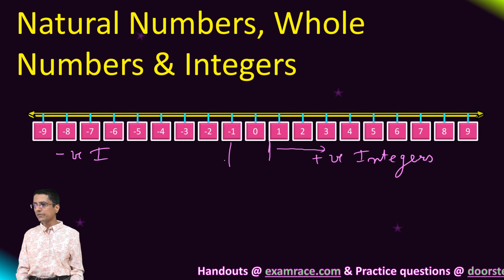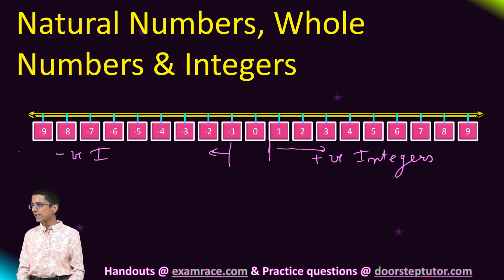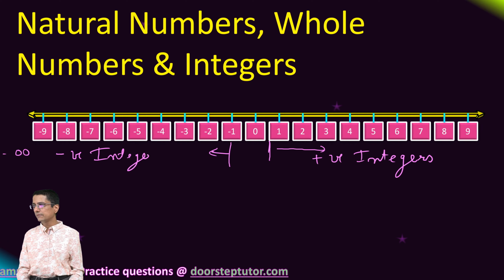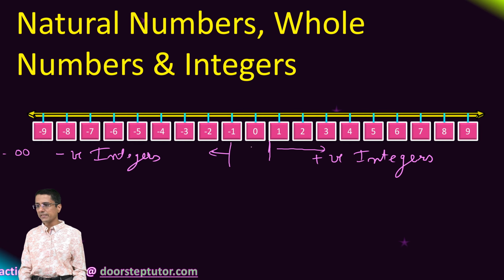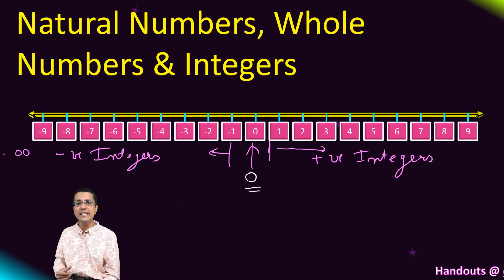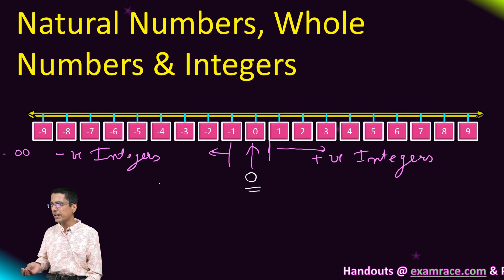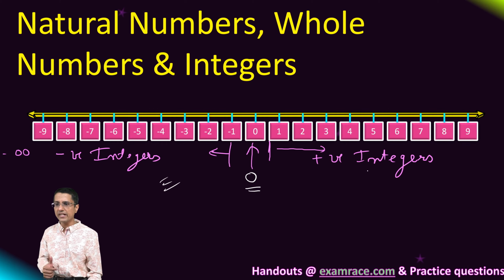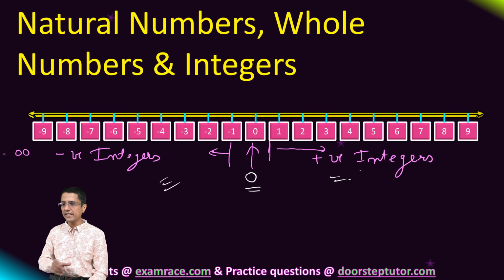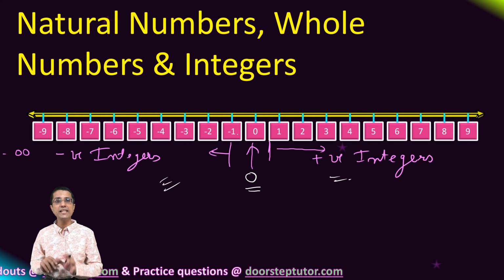Starting from -1 and going backwards till, of course, minus infinity, we have negative integers, and then we have the number in the middle, which is 0. So 0 is really different, it is separate, but it is included in the set of integers. So integers consist of negative integers, -1 till minus infinity, positive integers, +1 till infinity, and of course 0 right in the middle. All of those three things.